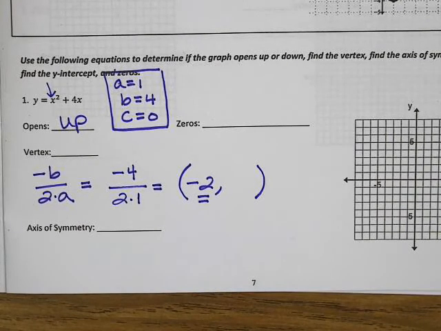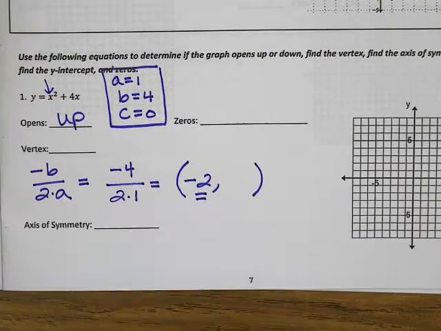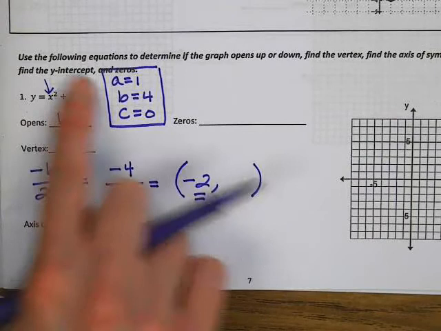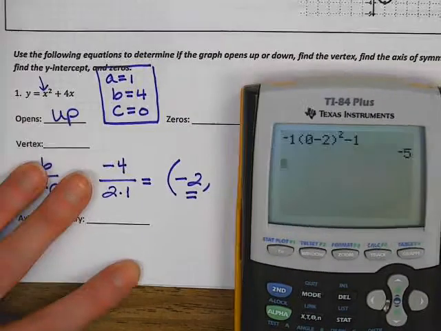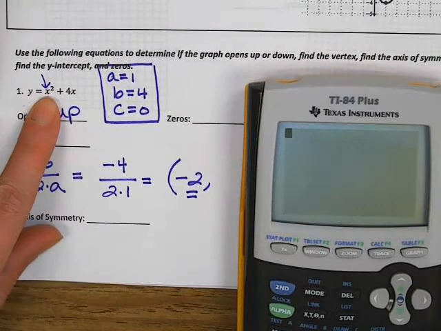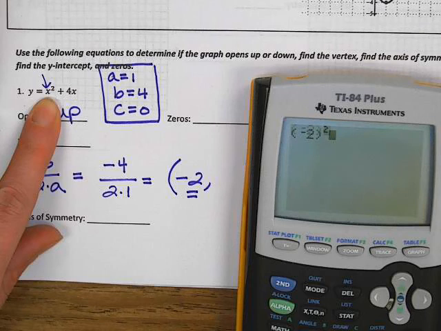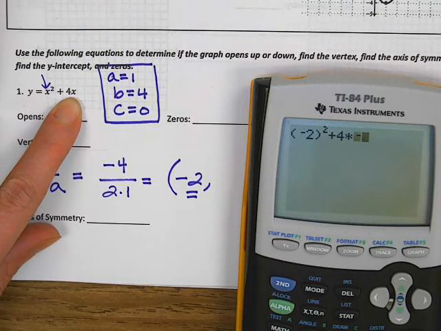Now to find the k value, you've got to plug this in for x. So we're going to take negative 2 and plug it in for x. So let's do that here. All right, so x squared, but when a number's negative and you're squaring it, make sure you put it in parentheses. So (negative 2) squared plus 4 times negative 2.